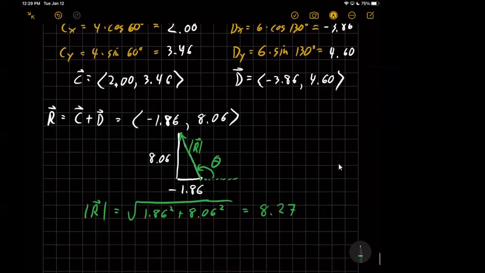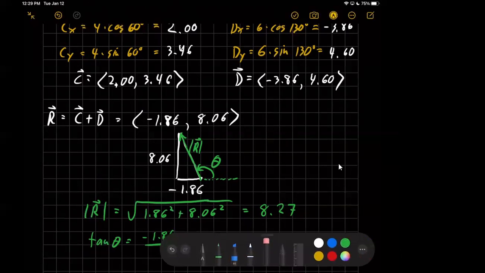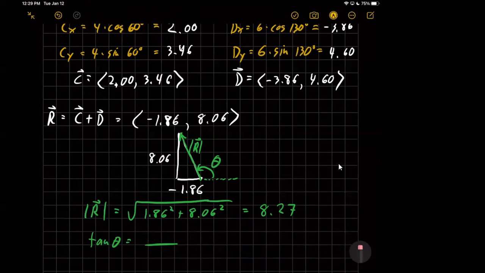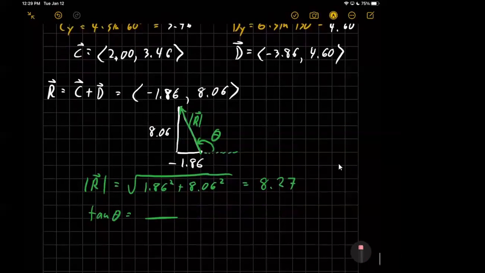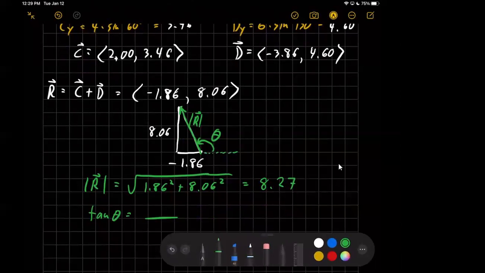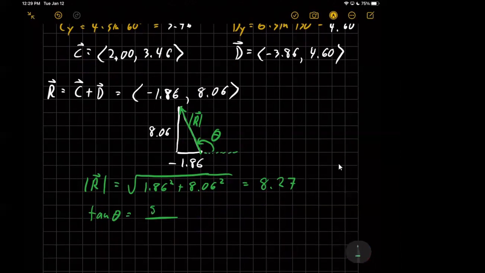And then if we want to get the theta value, we would start with the tangent of theta is equal to negative 1.86. Oh, I am sorry, I put the x first, a common mistake. It's opposite over adjacent, or the y over the x. So this should be 8.06 over negative 1.86.